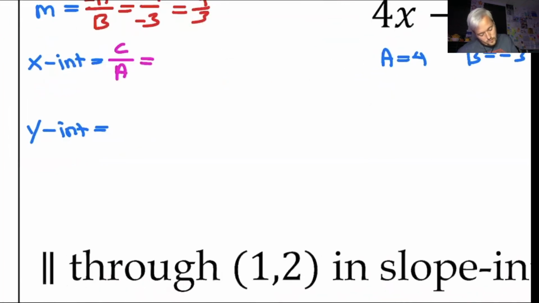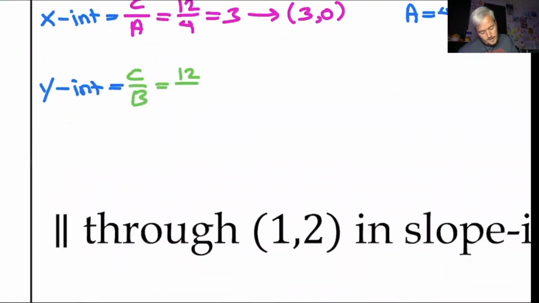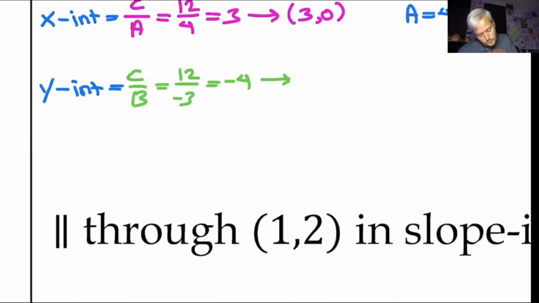So 12 over 4, which simplifies to 3, which would be 3, 0. Now for my y-intercept, we're looking at c over b, which would be 12 over negative 3, which simplifies to negative 4, which would be 0, negative 4.